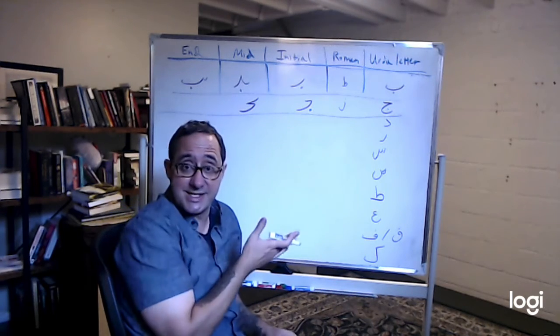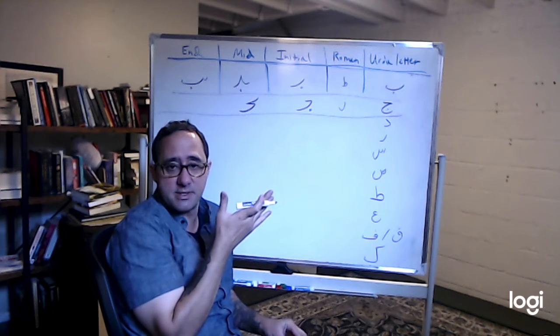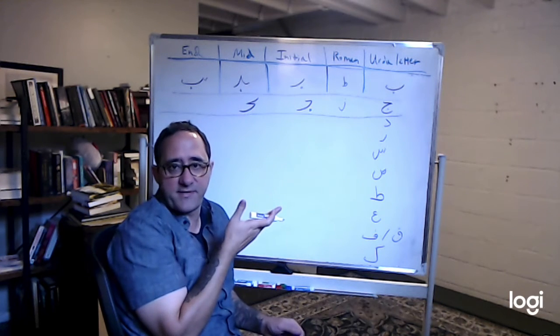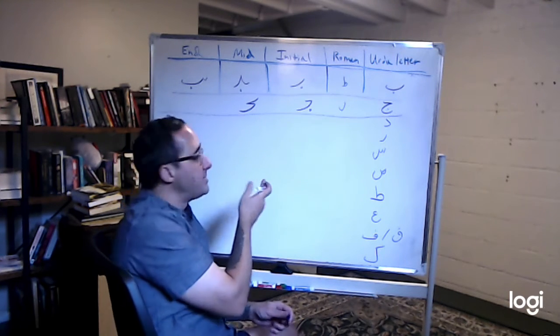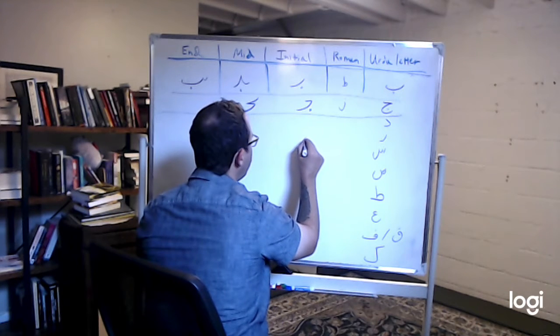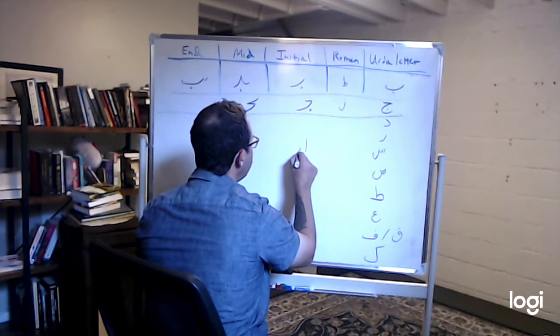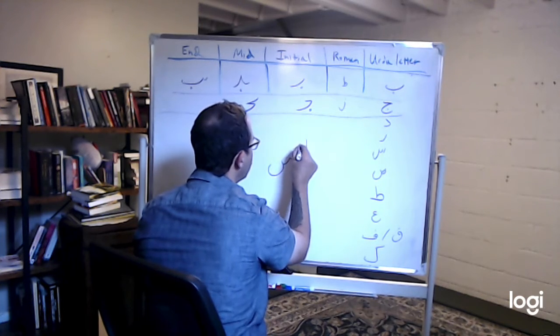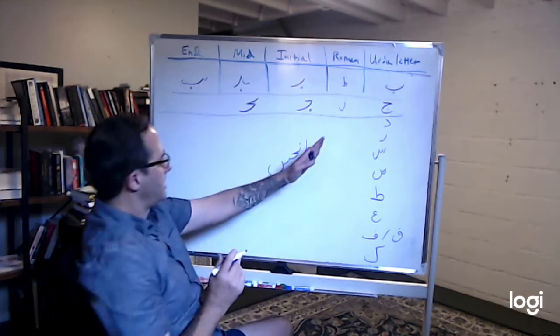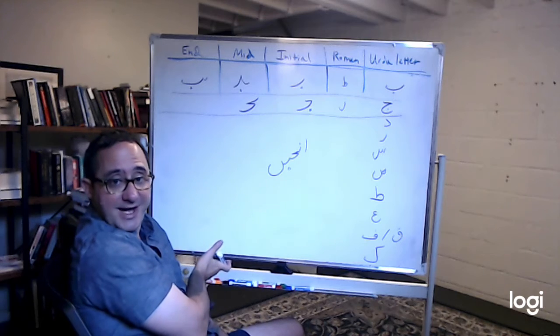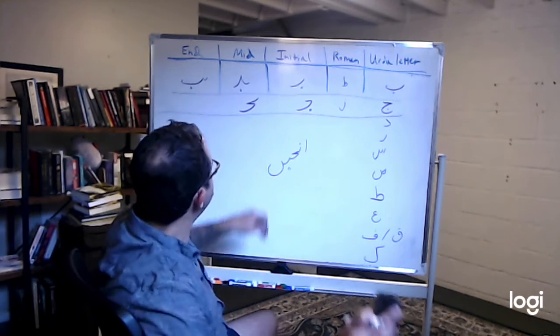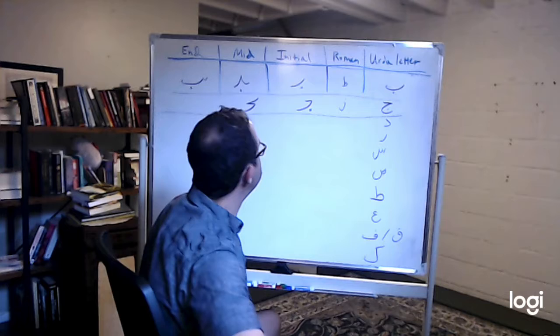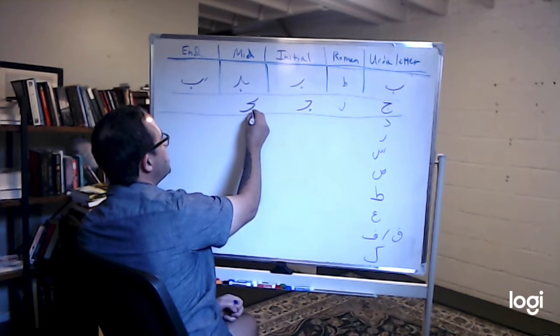Urdu Nastaliq is the style of script for Urdu. It tends to slope down like this. So it comes from above the J shape.